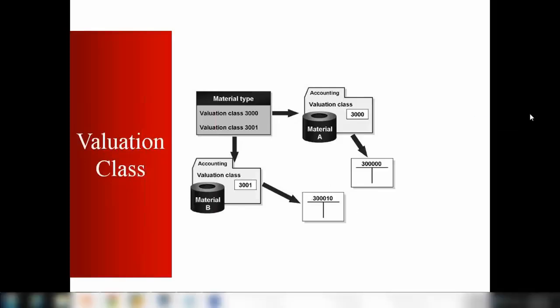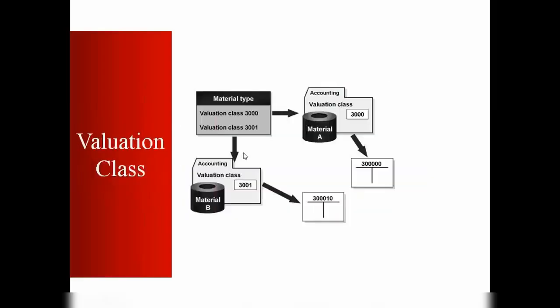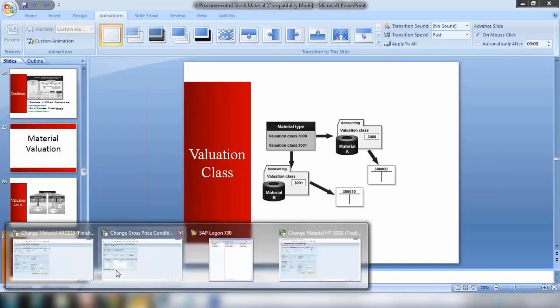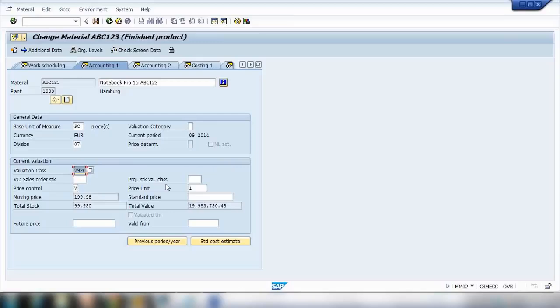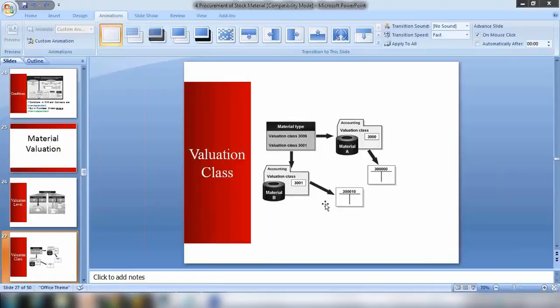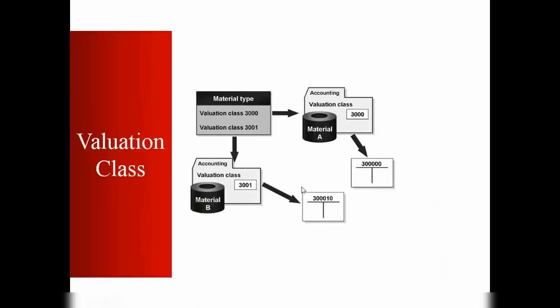Okay, so that's the purpose of the valuation class. So that's why we maintain the classes for all the materials, so that the system knows that because of this class, the system has to put the link to this general ledger account, okay, for the valuation purpose.